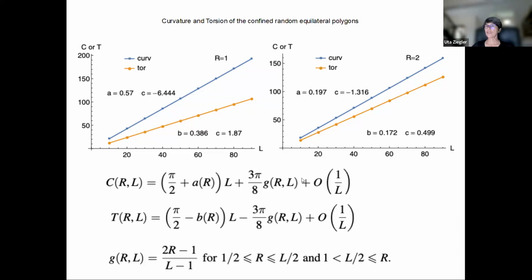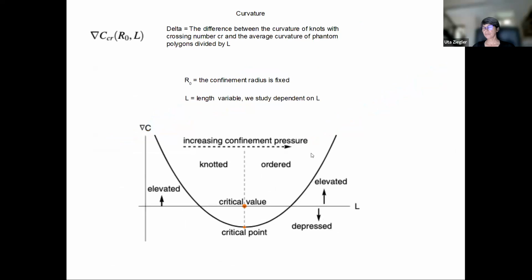Now, the more interesting thing I want to talk about is what happens when we look at knotted polygons. I'm going to talk about a variable we call delta. What we wanted to get is the per edge contribution to the per edge curvature which is due to knotting, only due to knotting.